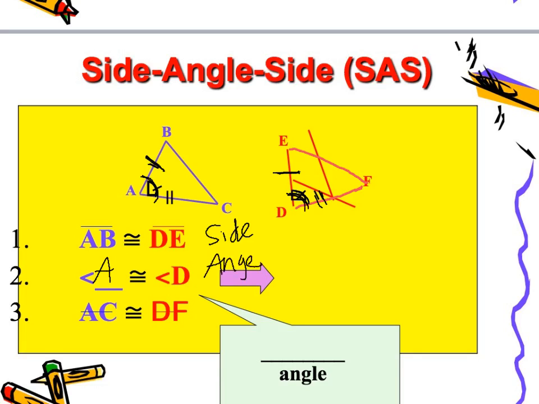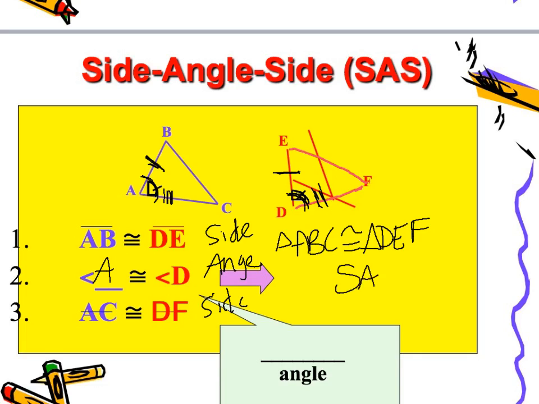And then you have AC marked with 2 and DF marked with 2, and that's your other side. So we can say here that triangle ABC is congruent to triangle DEF, but this time the reason is side angle side. The angle here is called the included angle, because it's between the 2 sides. That should make sense.